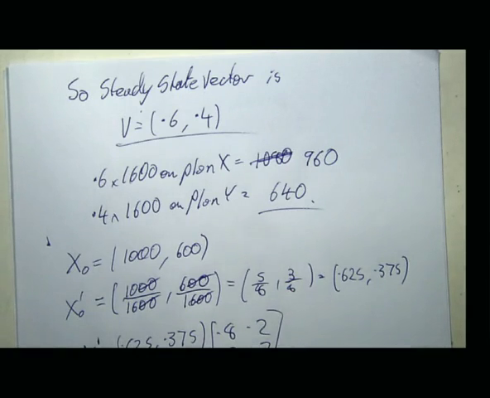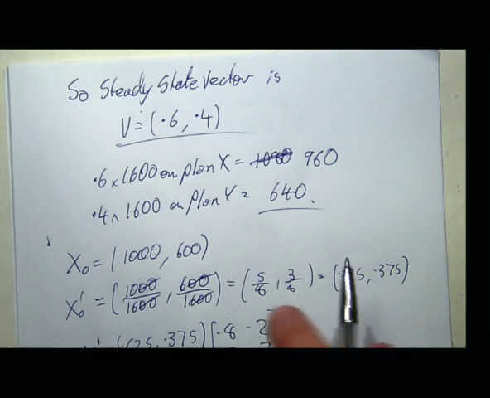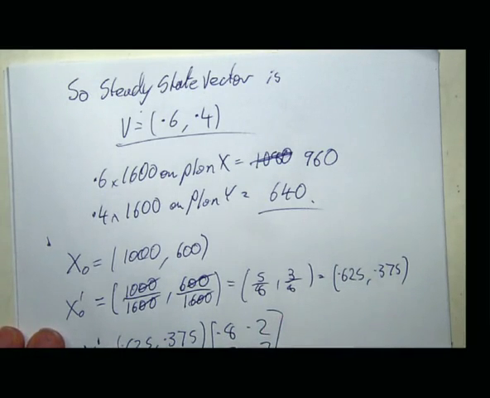So it's going to be 0.8, which I'll write as 8 on 10 times 5 on 8, plus 3 on 8 times 3 on 10. Alright, sure. And my other component is going to be 5 on 8 times 2 on 10 plus 3 on 8 times 7 on 10.